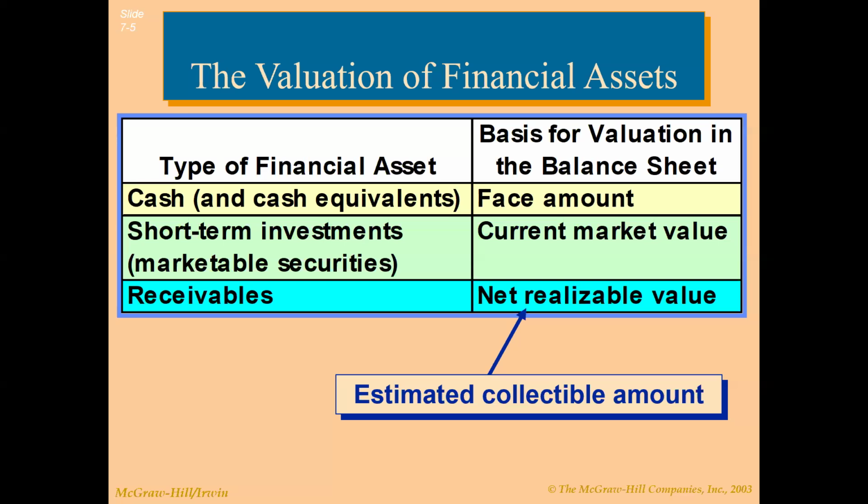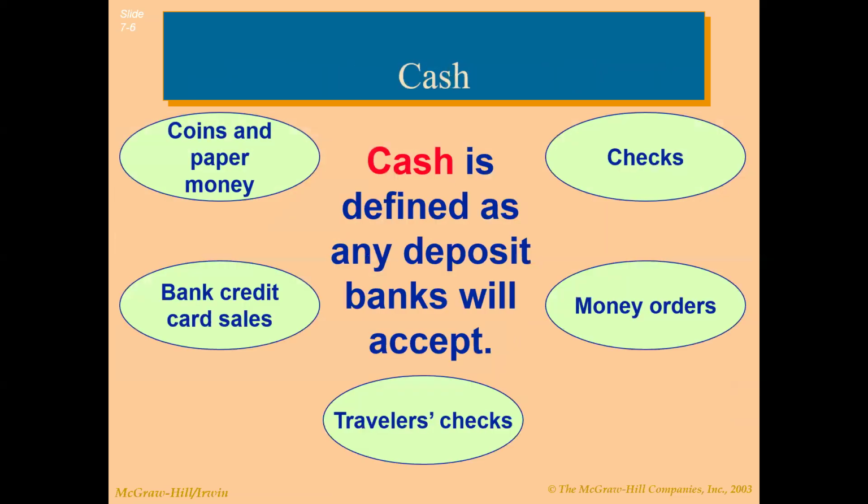So you should know how all three main assets categorized under financial assets are reported in our balance sheet. We have already discussed cash in detail.